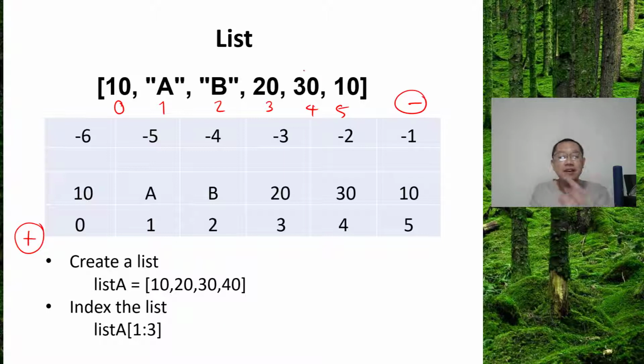But for negative indexing, we start counting from -1, -2, -3, -4, -5, and -6.